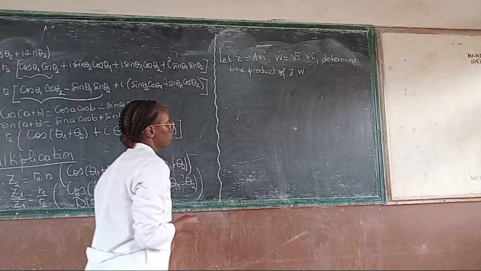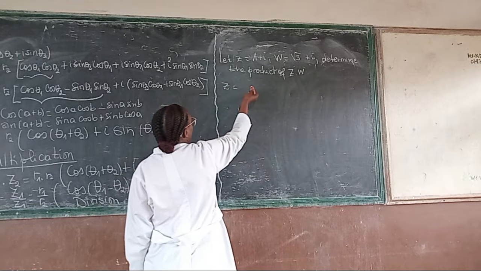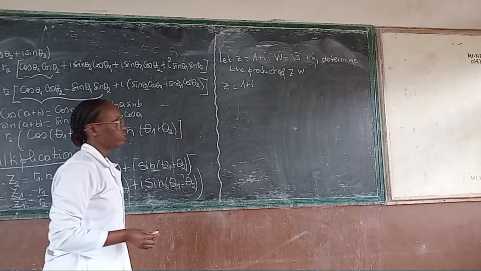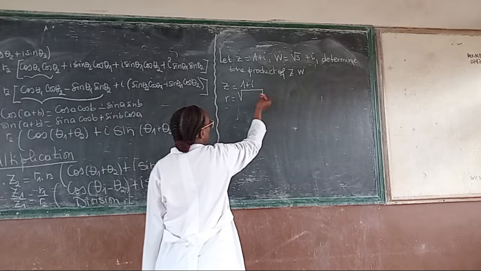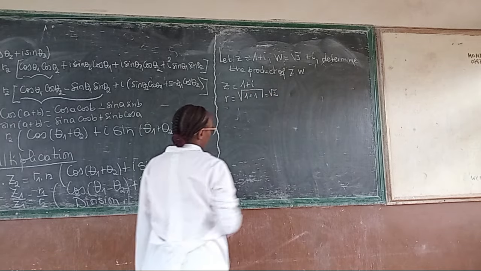So what are we going to do first? We are going to find the modulus and the argument of the first complex number. The modulus of this complex number will be equal to square root of 1 plus 1, which will be equal to square root of 2.